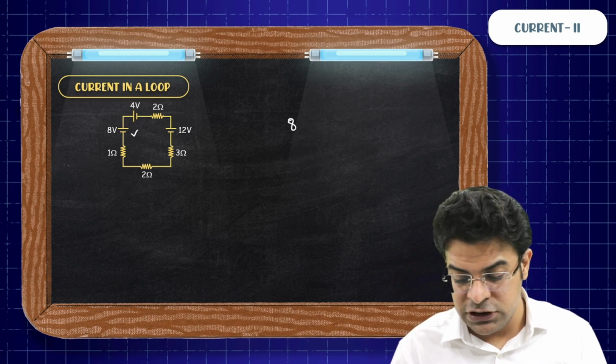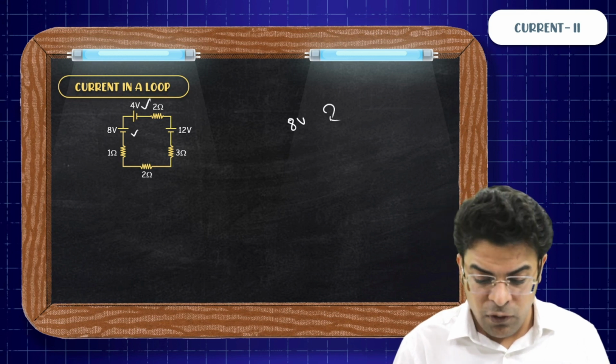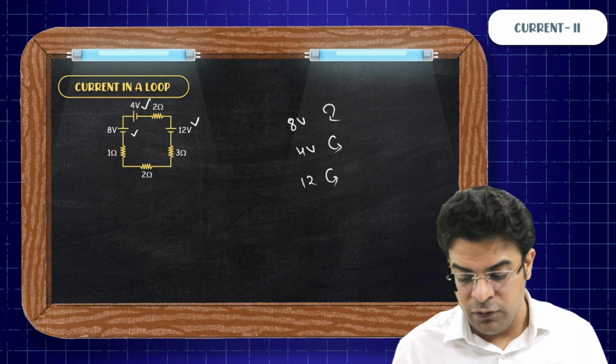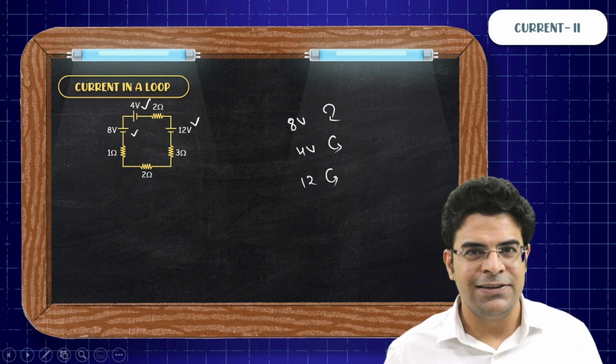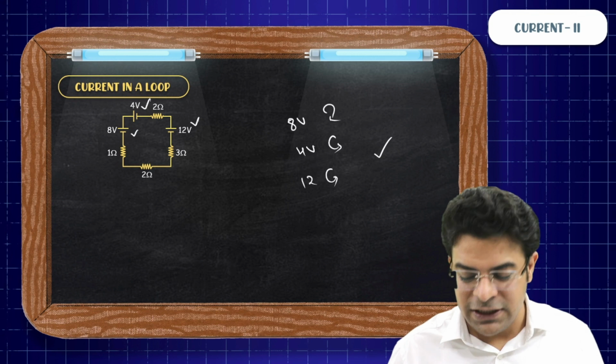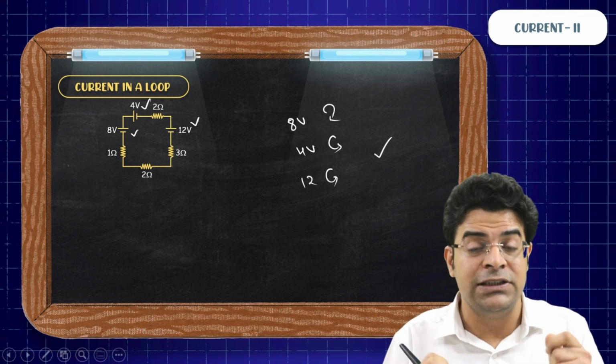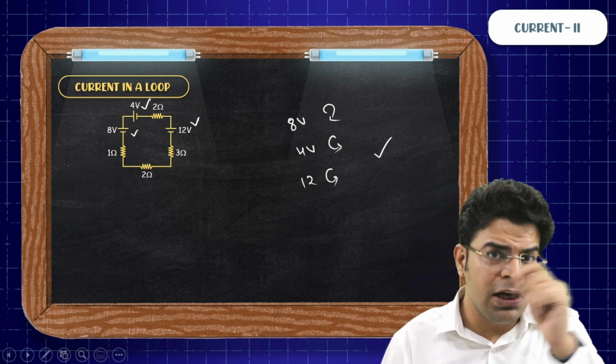So 8-volt wishes to drive clockwise, 4-volt wishes to drive anti-clockwise, 12-volt wishes to drive anti-clockwise. Tell me who wins? Sir, definitely anti-clockwise wins. Why? Because there is more EMF, stronger batteries which wish to drive the current anti-clockwise.